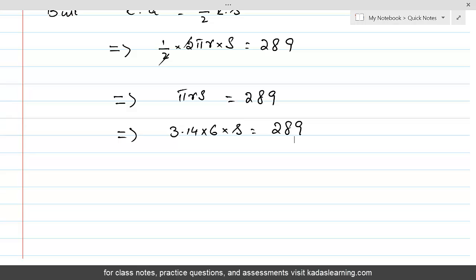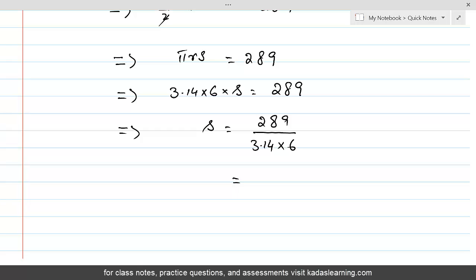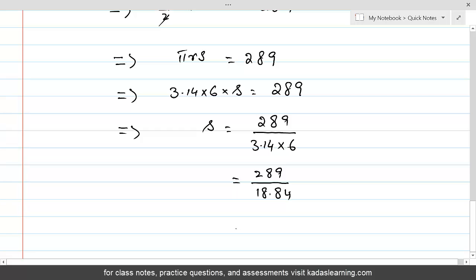From this, if we divide both sides by 3.14 times 6, S is equal to 289 divided by 18.84, and this way we calculate the value of S as 15.34.